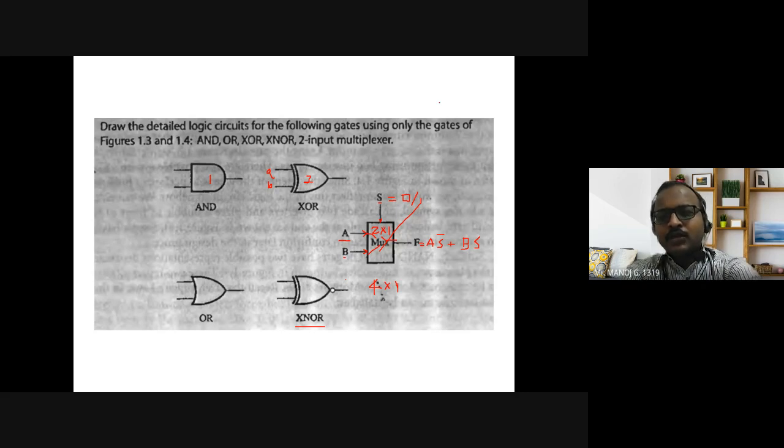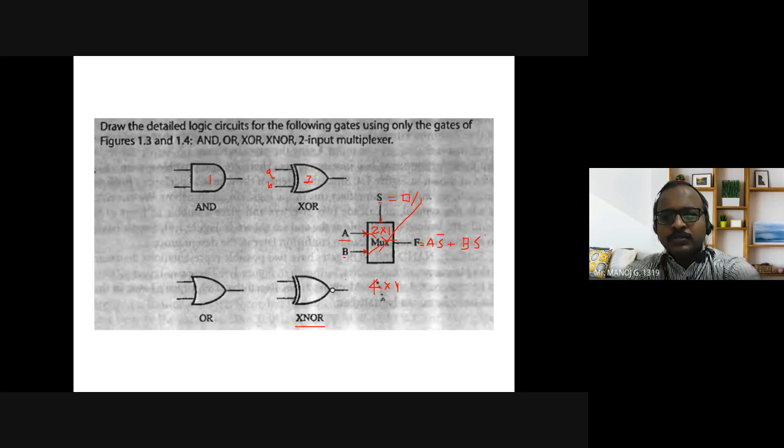Okay, if it is an 8 cross 1 mux, then how many select lines? Yeah, that's right. It depends upon the number of inputs.